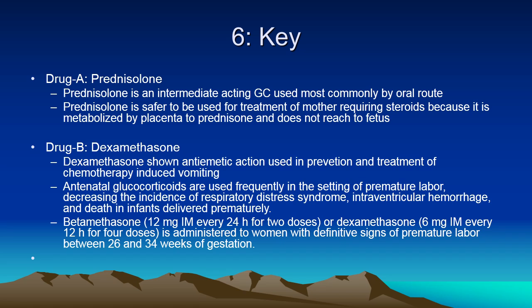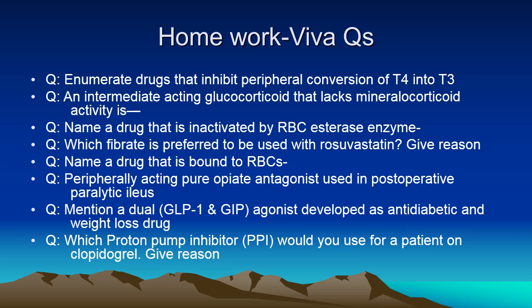For this purpose, betamethasone or dexamethasone is given, not prednisolone. It is given to the mother and a sufficient amount crosses the placenta and reaches the fetus for maturation of the pulmonary surfactant. So these 6 key differentiating points will enable you students to critically think how to identify a suitable drug.